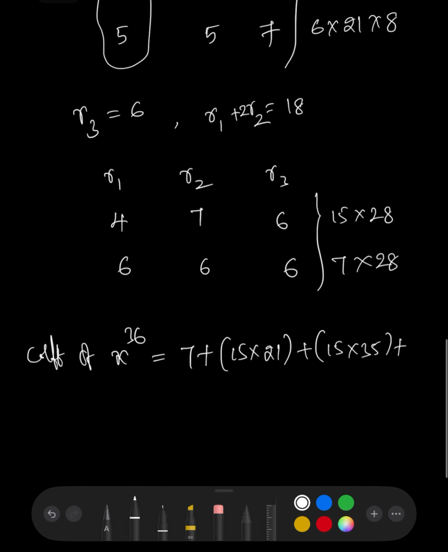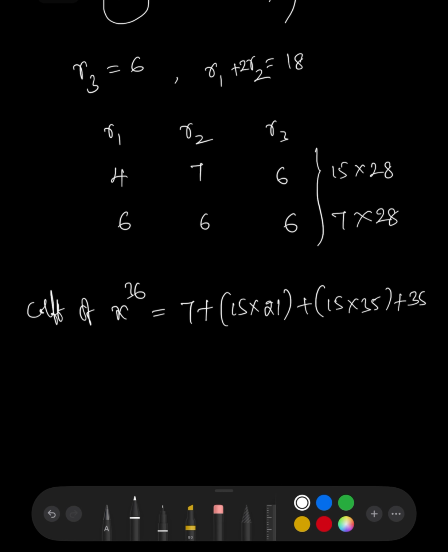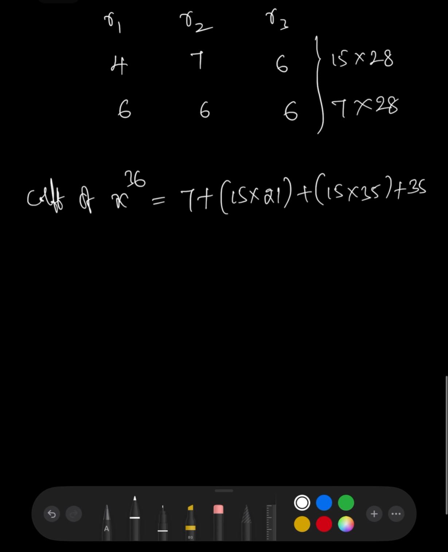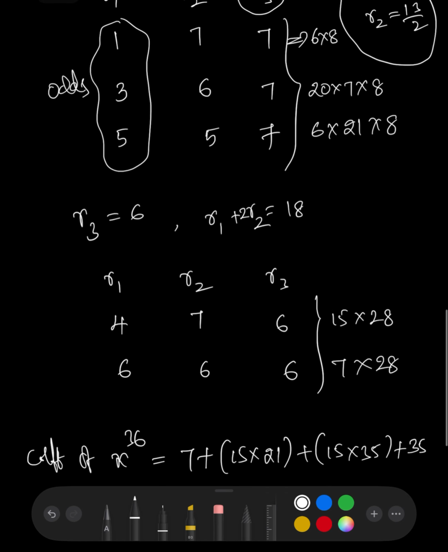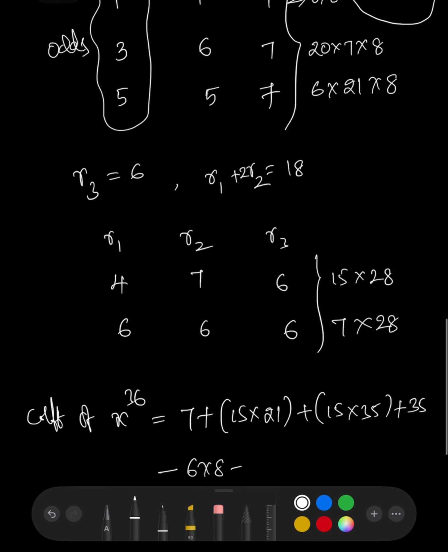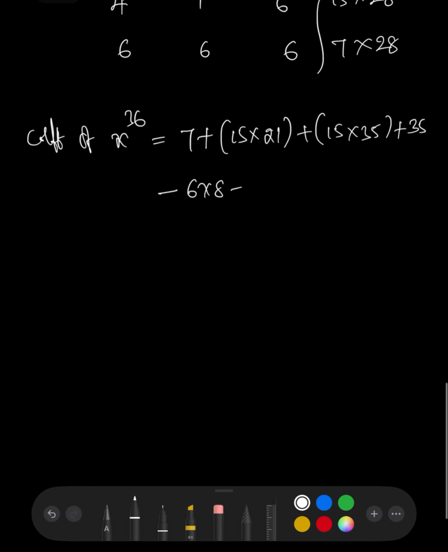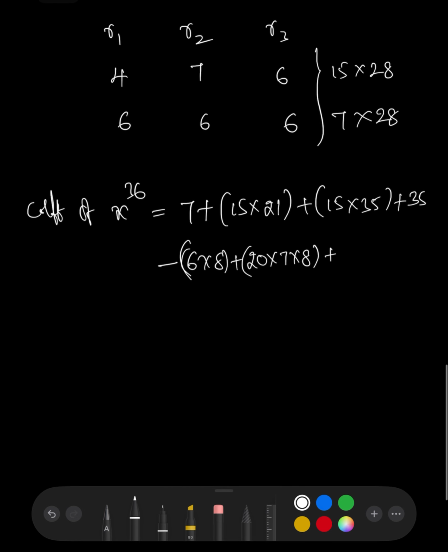The middle values we subtract because r3 is odd: minus of 6 into 8, 20 into 7 into 8, and 6 into 21 into 8.